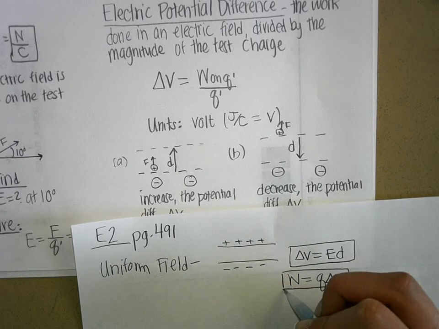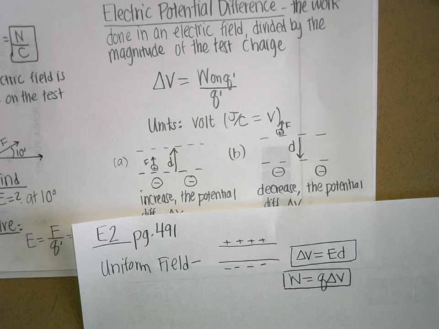So those are two important equations when you have a uniform field, when it's labeled a uniform field, that you can use to solve the problem. So a uniform field is just when you have a plate of a positive charge and a plate of a negative charge that are parallel to each other and they have the same amount of positive and negative charge that cancel each other out and make it uniform.